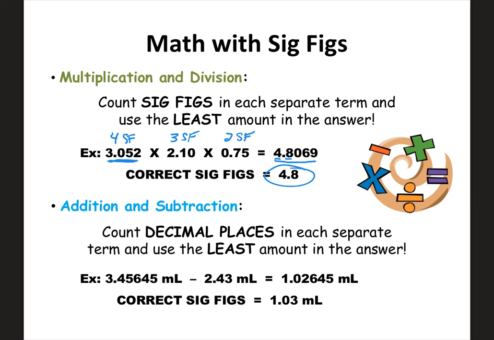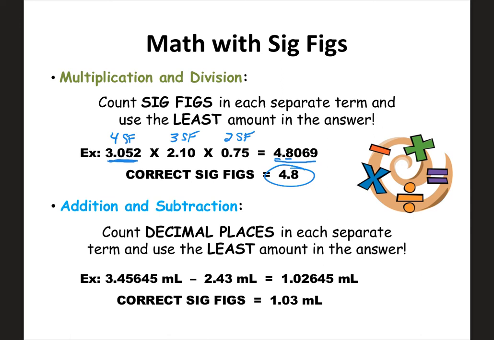So let's just say, for example, you had to put these numbers in your calculator, 3.45645 milliliters minus 2.43 milliliters. Your calculator spits out that big number. If you wrote that answer, you would get -1 SF. The rule for adding or subtracting is you count decimal places in each term.